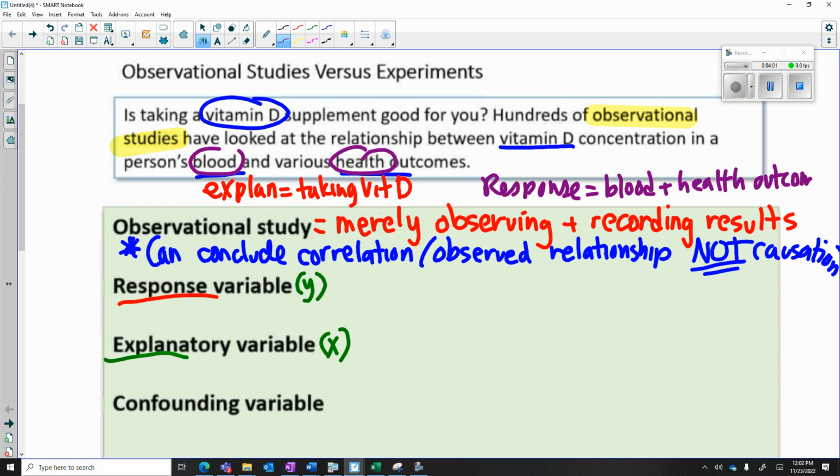The response variable is what we are measuring at the end of the study, what we're recording, basically what we're trying to draw conclusions about. The explanatory variable is what's being imposed on the subjects that's supposed to serve as an explanation of the response.